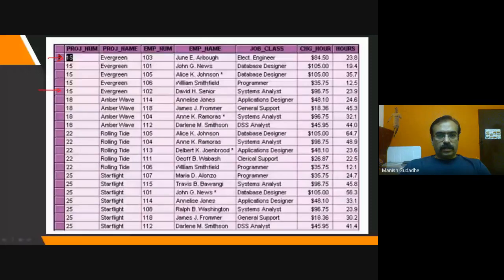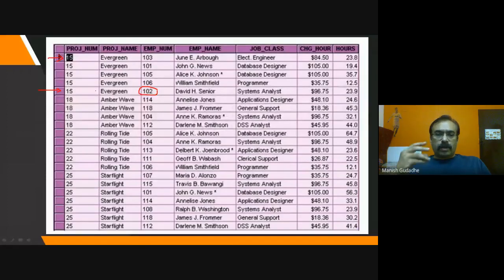David is not working on any other project than project number 15. If project 15 is abandoned or over, I'm going to delete that entry. What will happen to David then? Shall I remove David from the job? Definitely not. We need to put David on some other job. But in this case the deletion anomaly will happen, and when we delete project number 15, David's information will also be lost. This is called an anomaly, in this case a deletion anomaly.